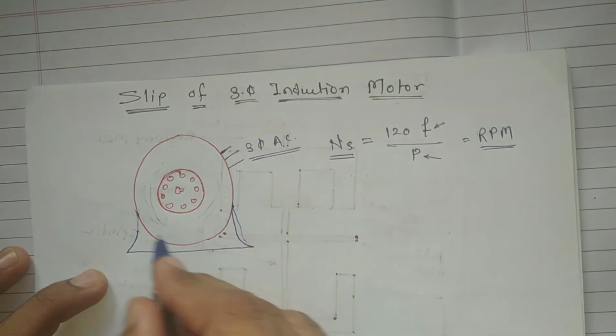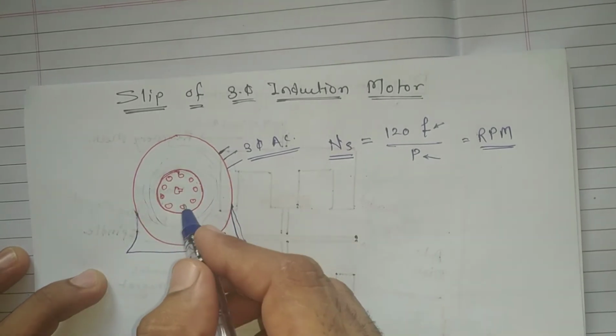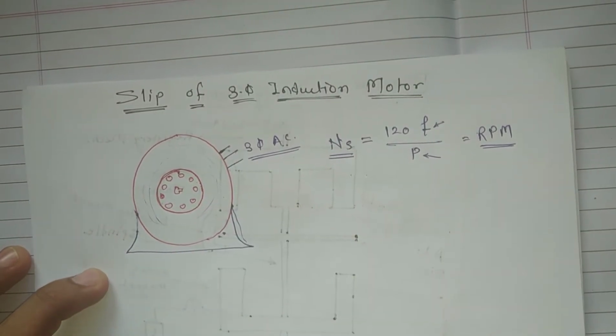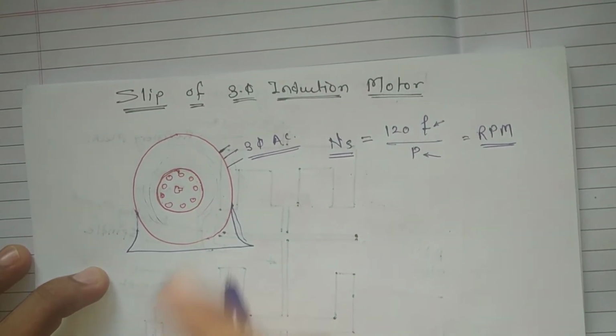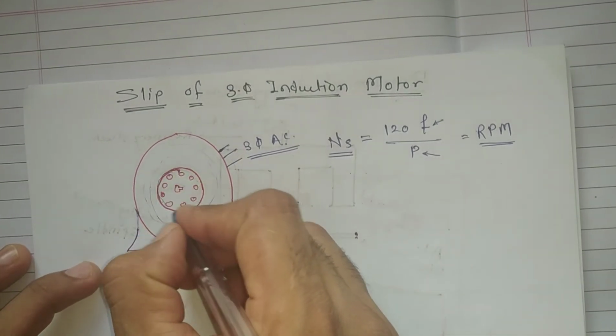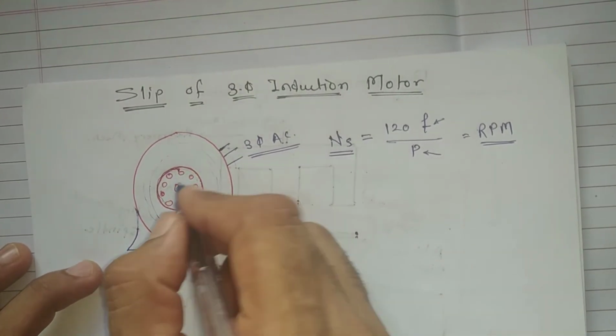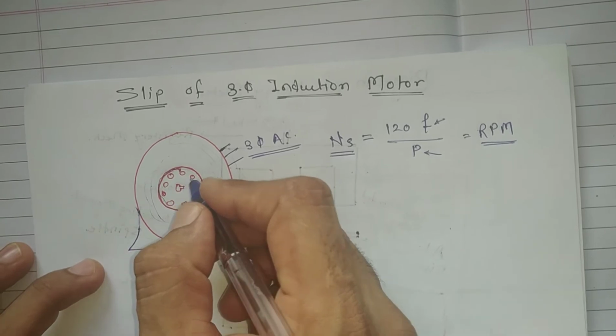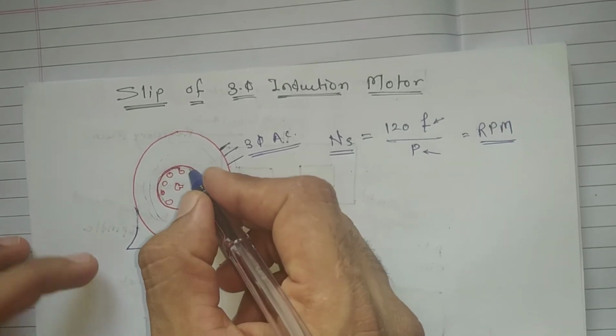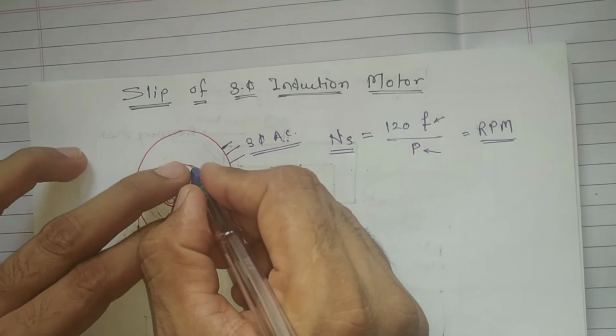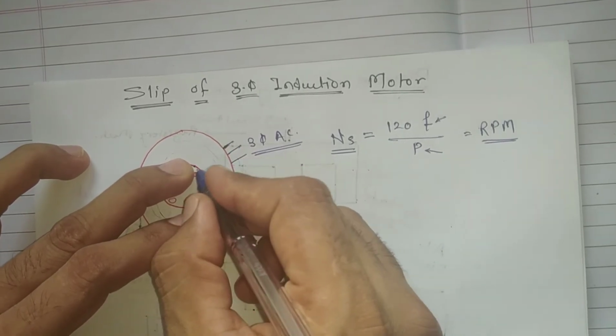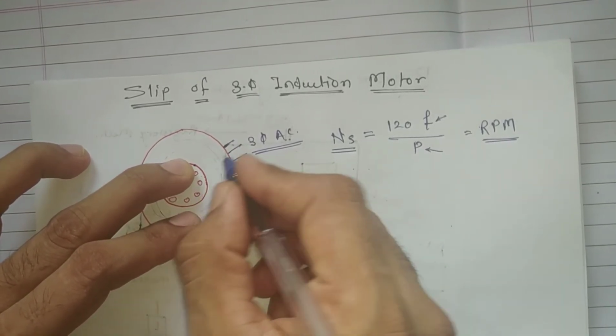Now it is rotating at some speed, which is the synchronous speed. But initially your rotor is standstill. We already learned it in the working. When the rotor is standstill and the field is rotating, there is a very high difference.